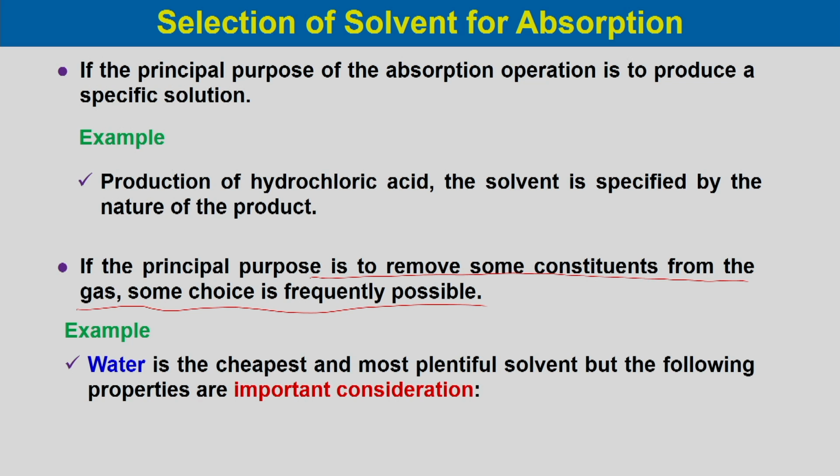So, although water is the cheapest and available in plenty, the properties of water may not be suitable for all applications. So, the important characteristics which are required for the selection of solvent, where we need to separate the mixture of constituents, different properties need to be considered.